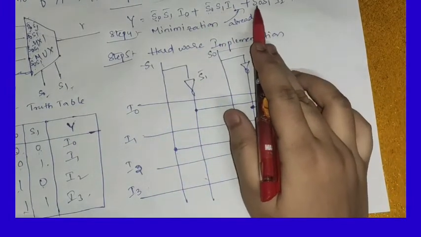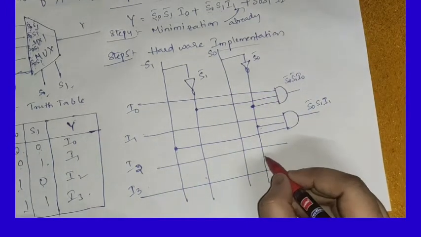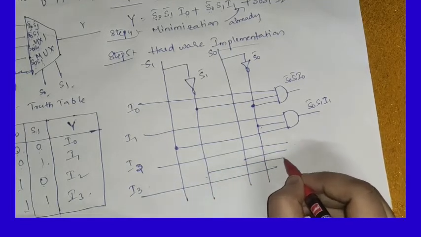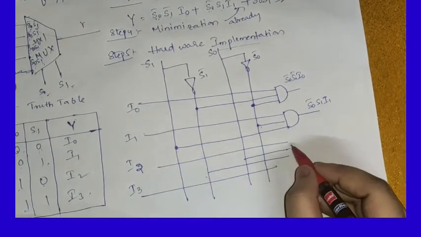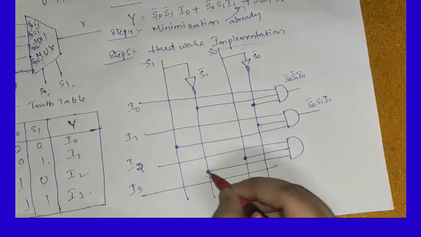For the third expression we have S0, S1 bar, I2. So take S0, S1 bar and the input I2: S0, S1 bar, I2.